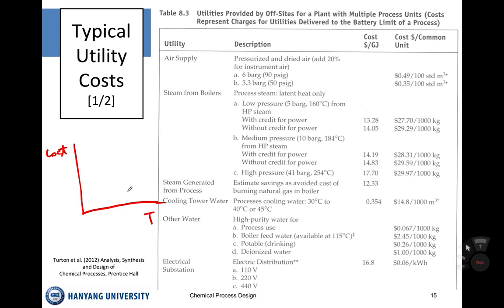When the temperature of the utility increases, the cost increases. So high pressure steam is more expensive than medium pressure steam, and medium pressure steam is expensive compared to low pressure steam. What about the cooling water? Cooling water is the cheapest one.